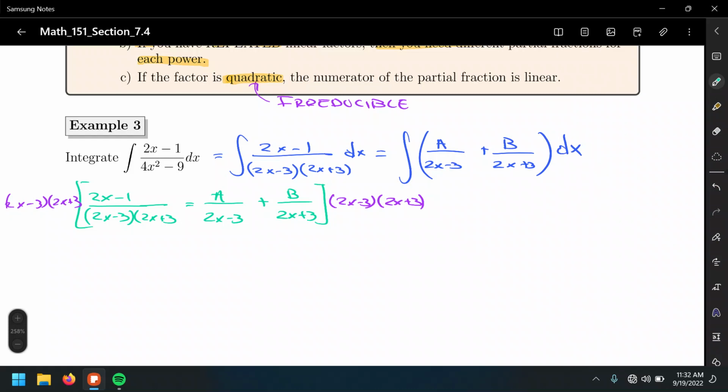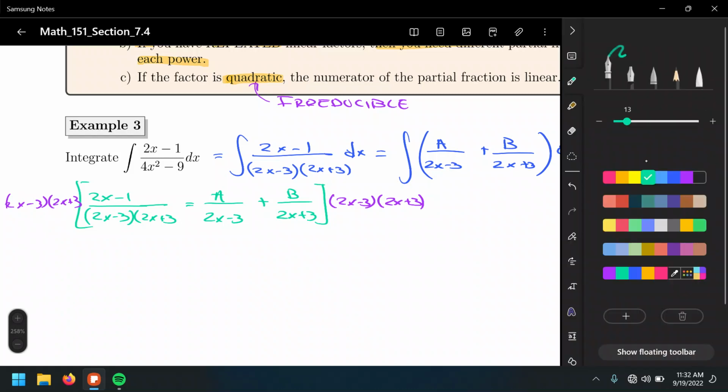Check what's going to happen. When we distribute on the left hand side, both factors are going to get divided out, and that's going to leave us only with 2x minus 1 equals, okay, let's do the same over the right hand side. When we distribute (2x minus 3)(2x plus 3), see how the 2x minus 3's cancel, leaving us with A times (2x plus 3).